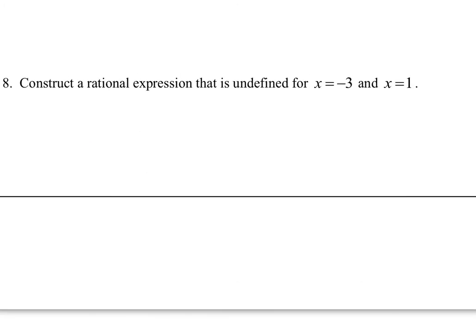Number 8 wants us to construct a rational expression that would be undefined for x equals -3.